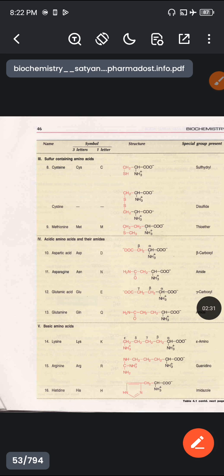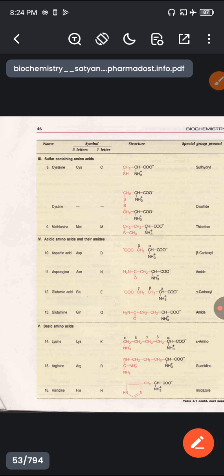Then third, we have sulfur containing amino acids. We have cysteine and methionine. And this one that you can see here with no name is cystine, a disulfide, that is, they join together by a disulfide bond. So class, number 4 is acidic amino acids and their amides.